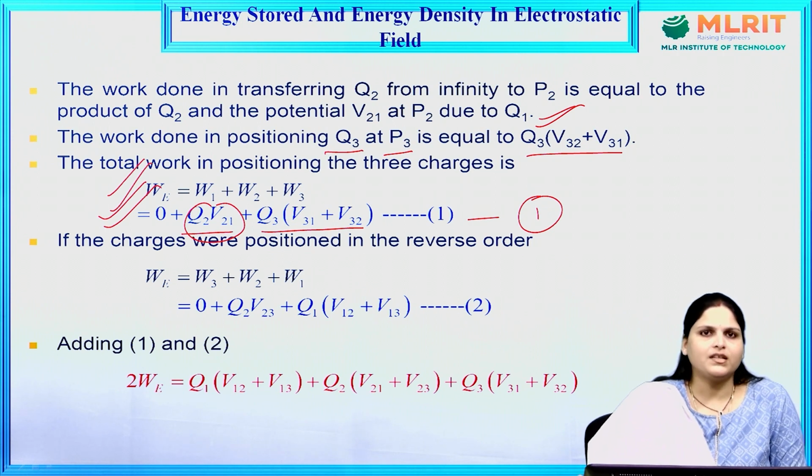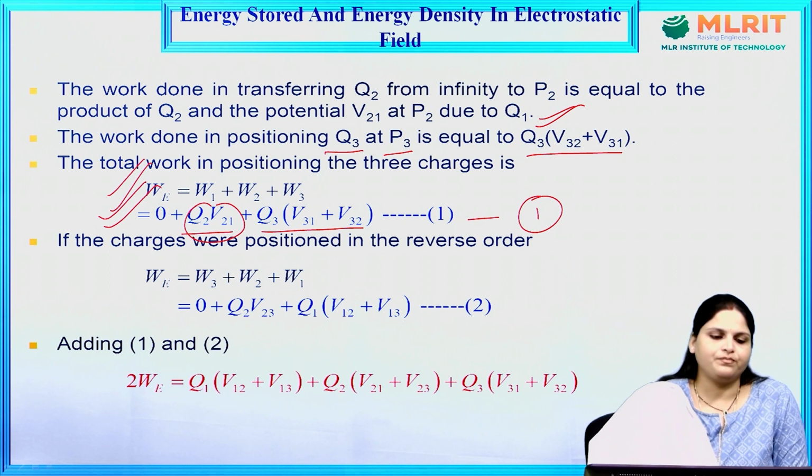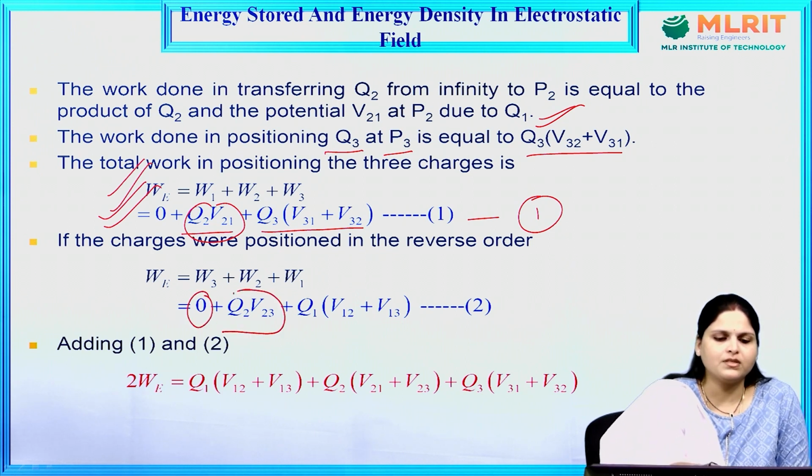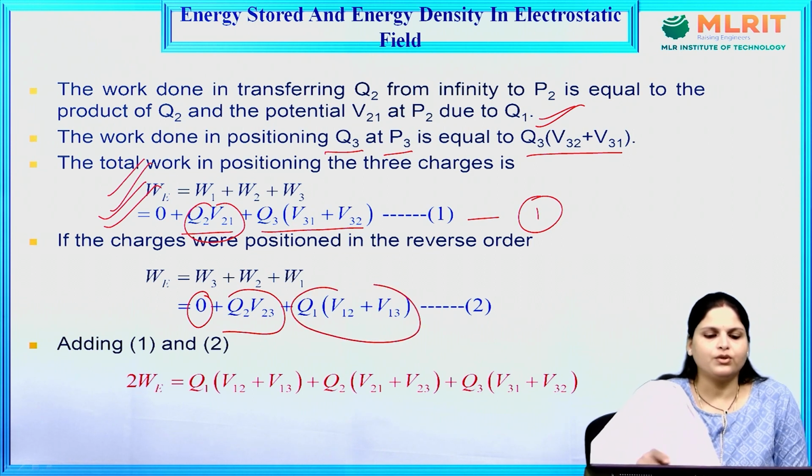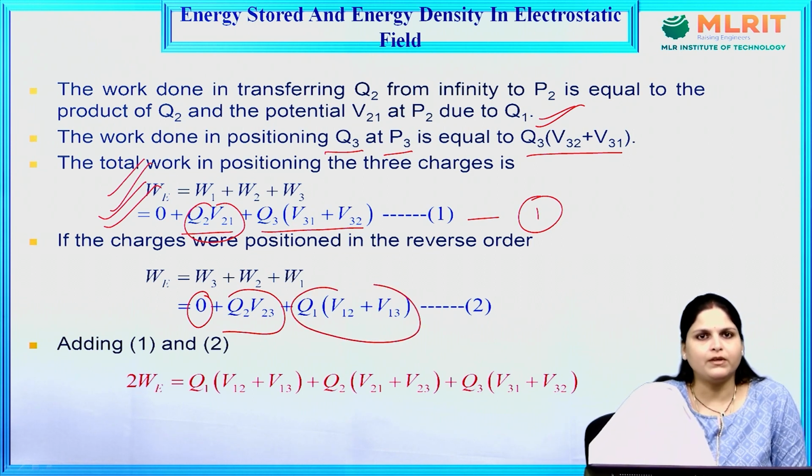Now if the charges are positioned in reverse order, we can write one more equation. Still the first term would be 0, and this becomes Q2 V23 plus Q1 times (V12 plus V13). These two equations are actually the same, and we can add them.